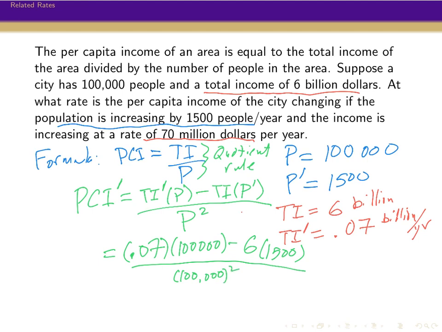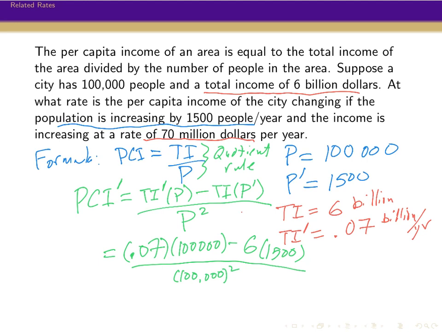If we plug this in, we have 0.07 times 100,000 minus 6 times 1,500, divided by 100,000 squared.